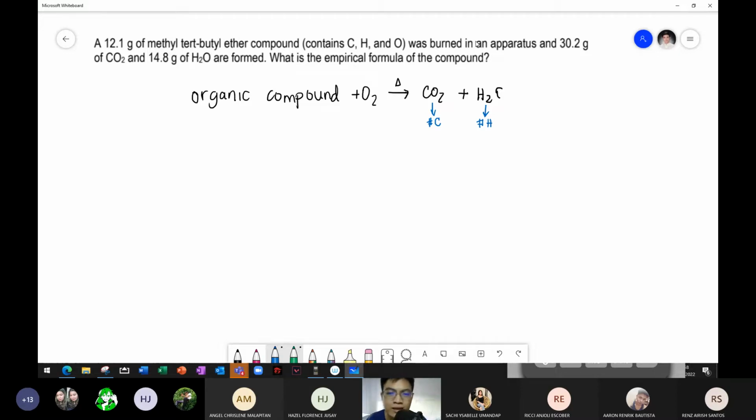We cannot really directly measure it because you have your oxygen source here. If you trap your oxygen atoms, then the results will be very inaccurate. So that's what we will do. This is step 1: you have to determine the masses of the elements.